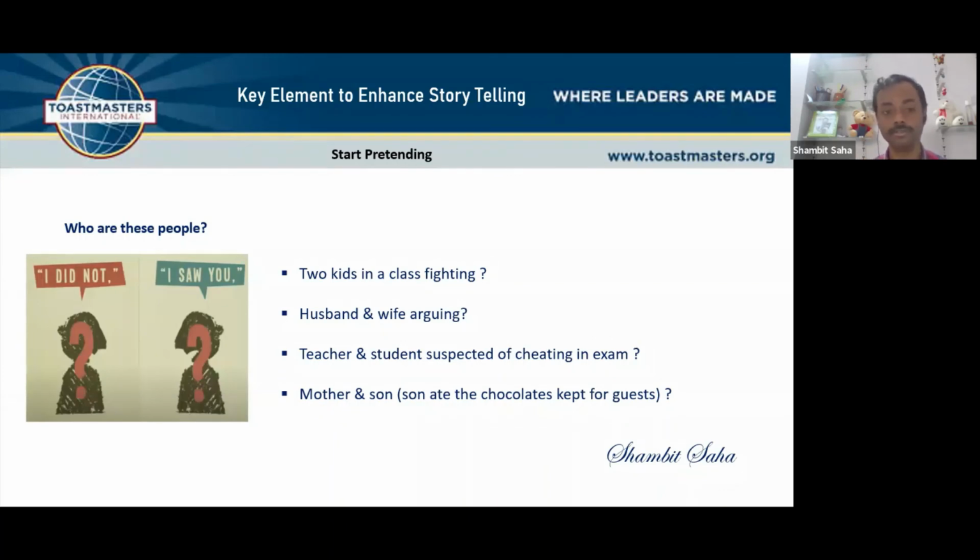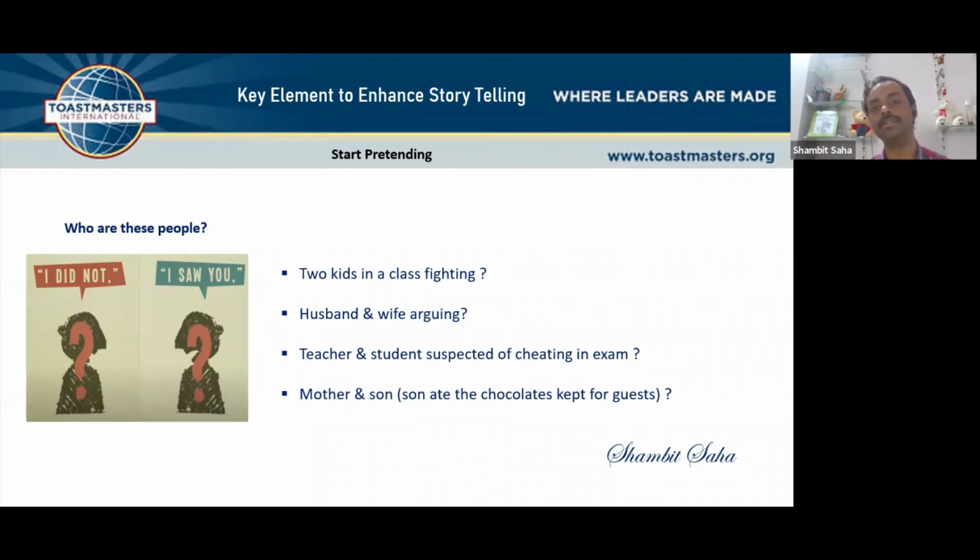"I did not." "I saw you." So you see, the moment you start pretending these people, things start working out. As a teacher and a student, we were cheating in the exam. "No, ma'am, certainly I did not." "Don't fool me. I saw you." You see, the voice annotations, everything comes into the picture.